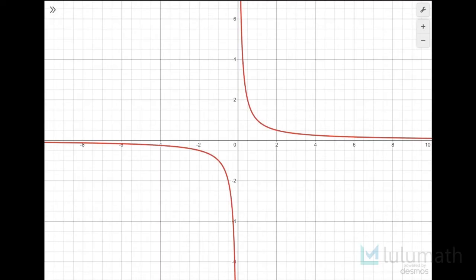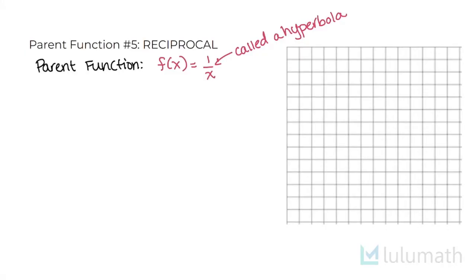So why is this happening? Let's think about this for a second. If I were to take f of 4, for example, it would be 1 over 4, which is 0.25. So that gives us a coordinate of 4, 0.25. If x was 1/2, then this would be 1 over 1/2.